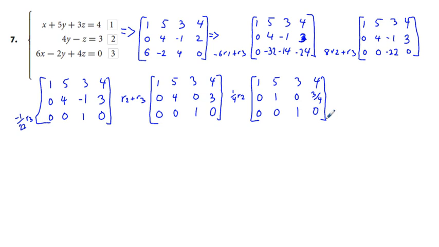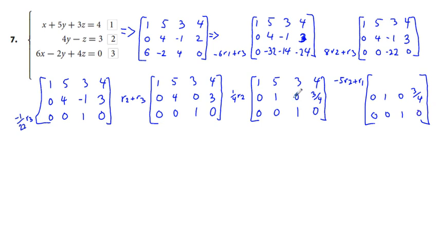And the next one we're going to do is take negative 5 R2 plus R1. What we're doing is working on that first row. We've already covered our second and third row, they are already good. So we have 0, 1, 0, 3/4. And our last row is 0, 0, 1, 0.